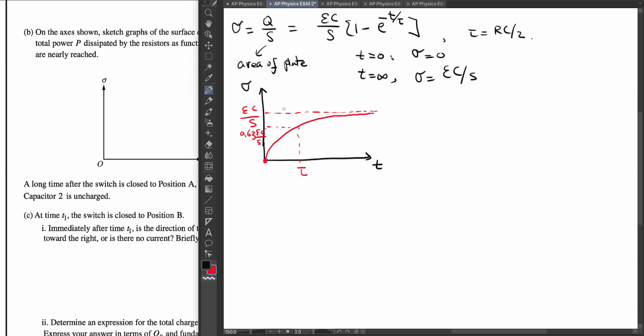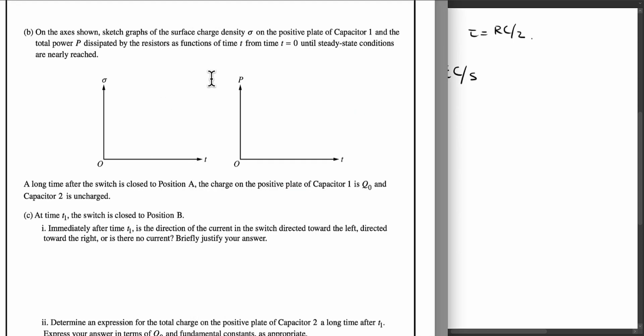Okay, so now let's look at the power dissipation for the two resistors. The two resistors are connected in parallel, so we already know that the total resistance is R over 2, right? So let me see.